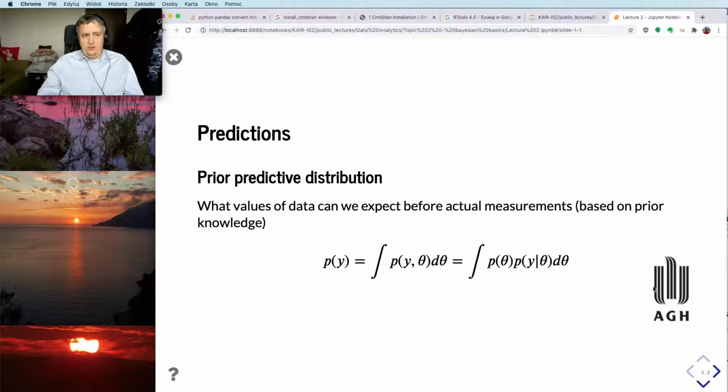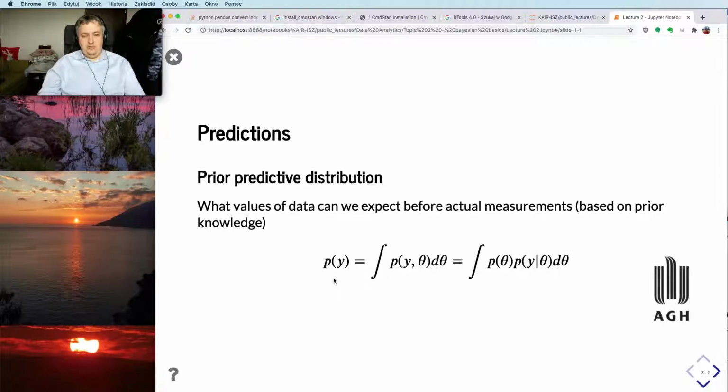And now we are discussing something called prior predictions. Prior predictions are a great tool for finding out what we can expect given our knowledge. The idea is obtaining a probability distribution, because everything we discussed, as mentioned last time, is a probability distribution. We want to have a probability distribution of what the values of measurements y will be.